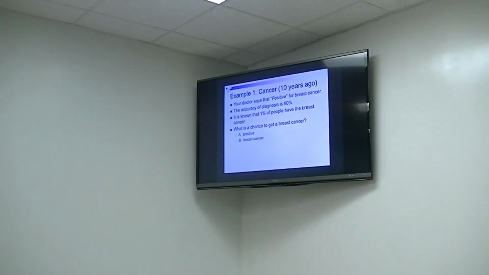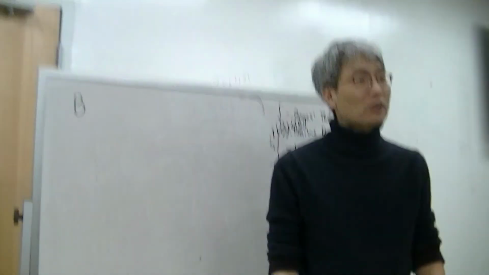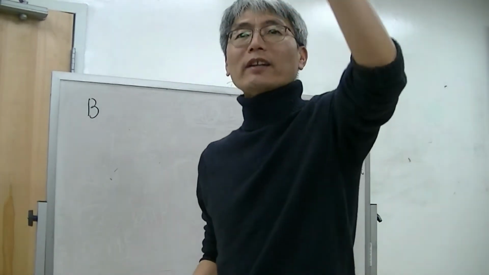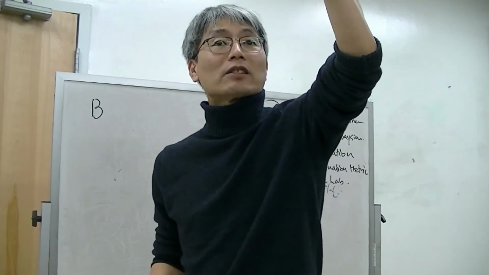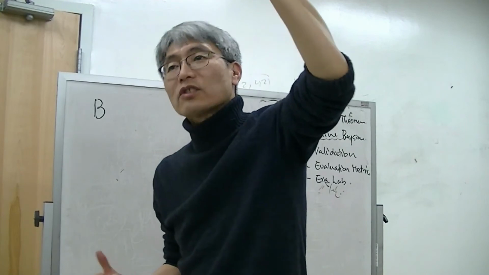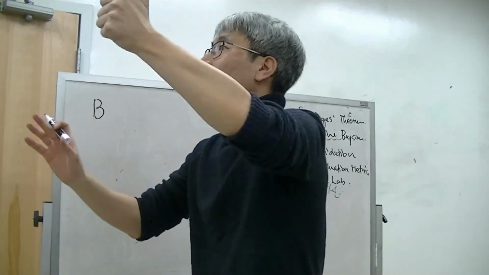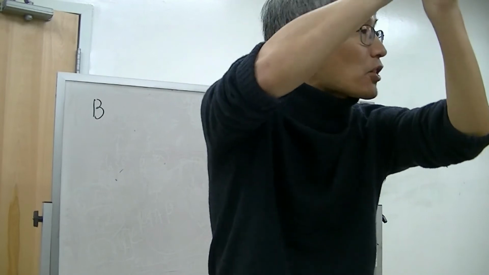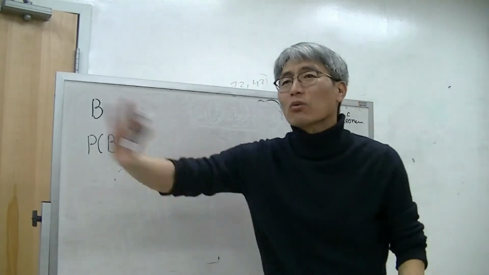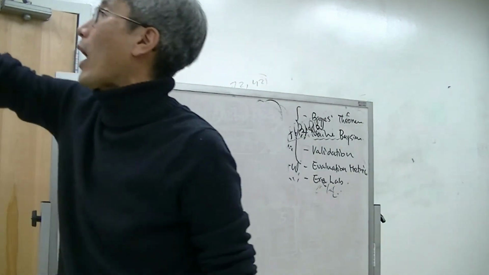Using the Bayes theorem. At this time there are two events, A and B. B is cancer or not: if true, it's cancer; if not true, it's not cancer. The probability of cancer is 1%.